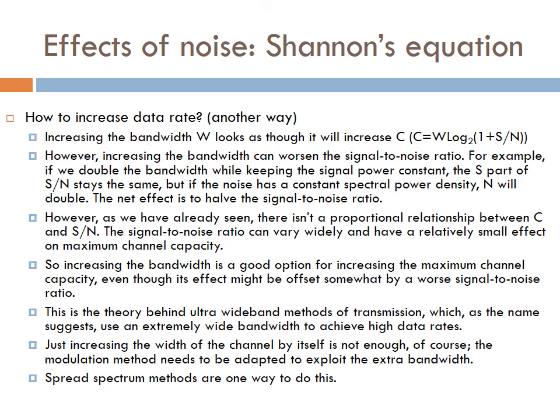But if the noise has a constant spectral power density, the noise will double, and the net effect is to halve the signal to noise ratio. However, as we have already seen, there is not a proportional relationship between C and SNR, but a logarithmic relationship. The signal to noise ratio can vary widely and have a relatively small effect on maximum channel capacity.